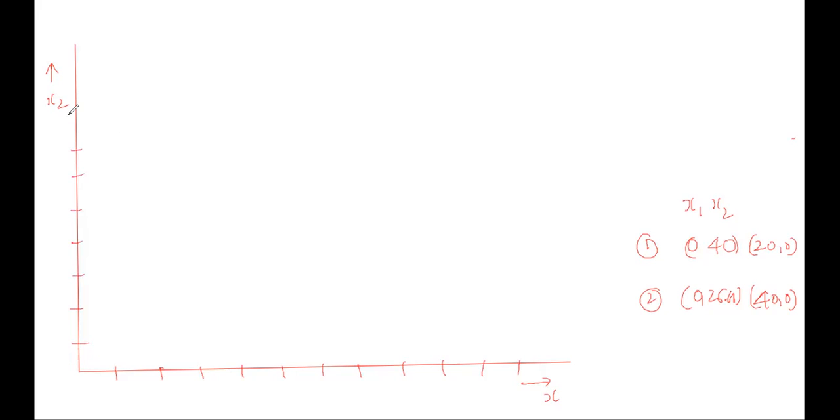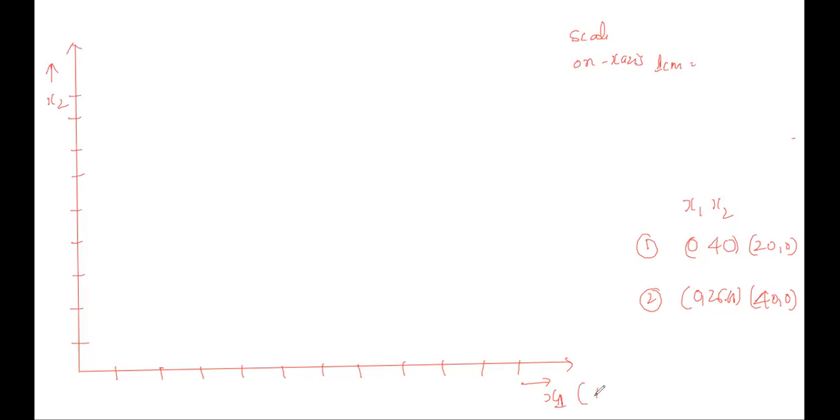So what you have to do is consider a scale for this. Okay. So in the scale on the x-axis, 1 centimeter is equal to, so here the x-axis is with respect to x1.